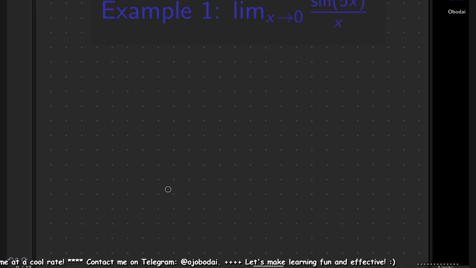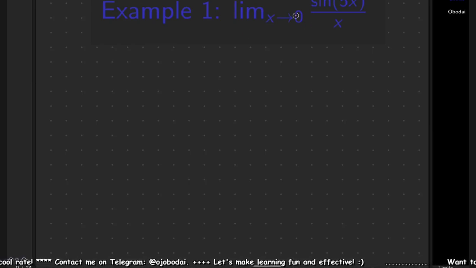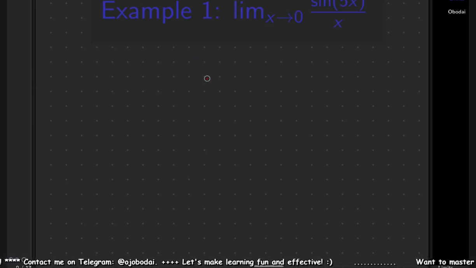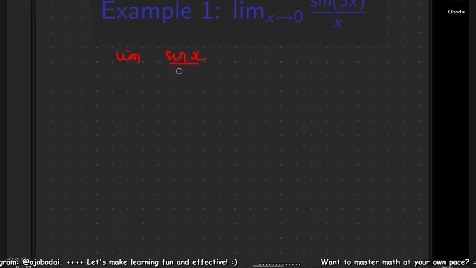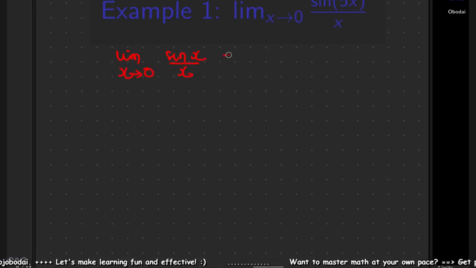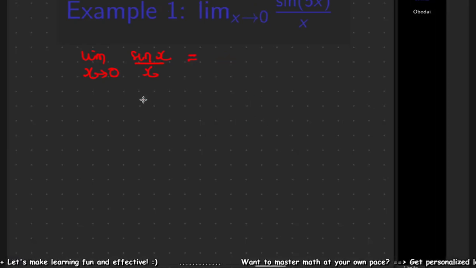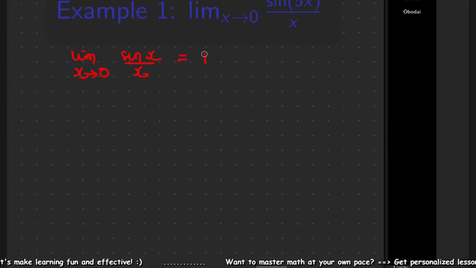Now, the limit we looked at, the one that is easily related to this one, says the limit of sine x over x as x approaches 0 is equal to 1. I hope you remember this one.